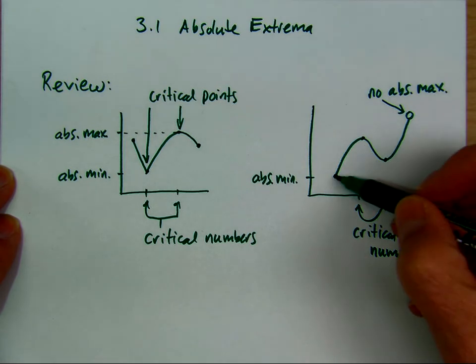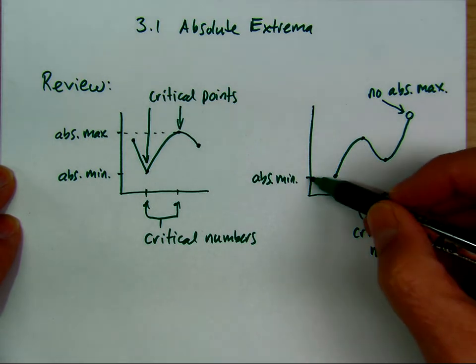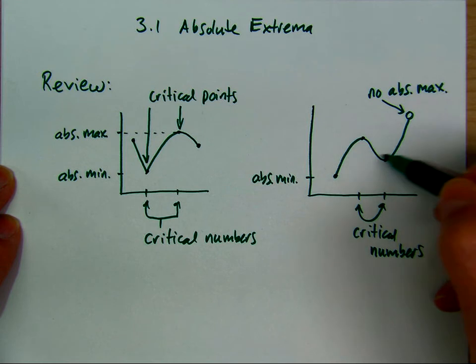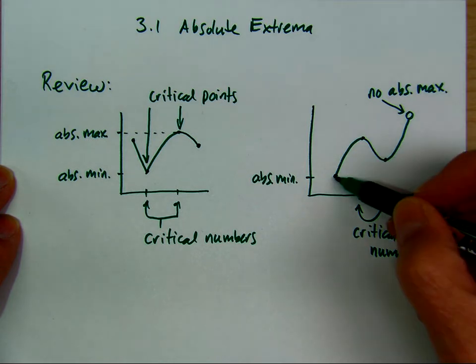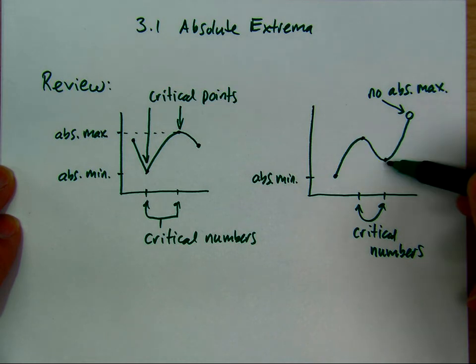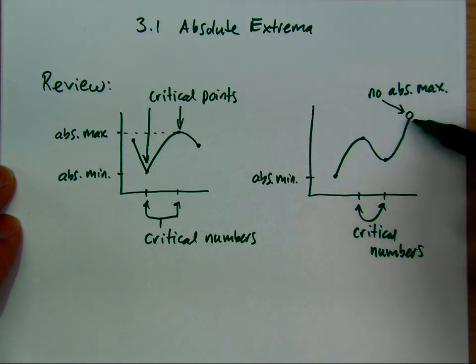Here we have an absolute minimum. The y value is the absolute minimum. It's the lowest point on the graph, and that occurs at an endpoint. We can still talk about critical numbers and critical points, but on this graph there's no absolute maximum because the endpoint is missing and there's no highest y value there.